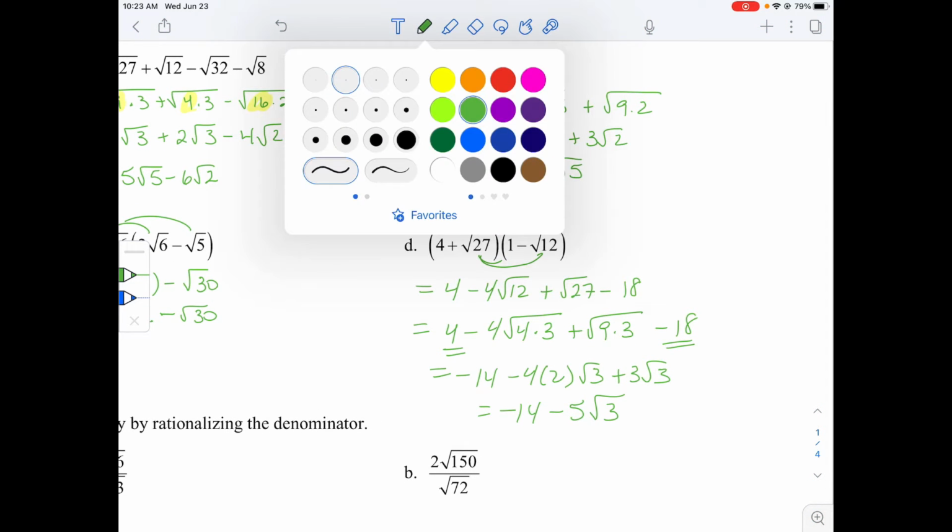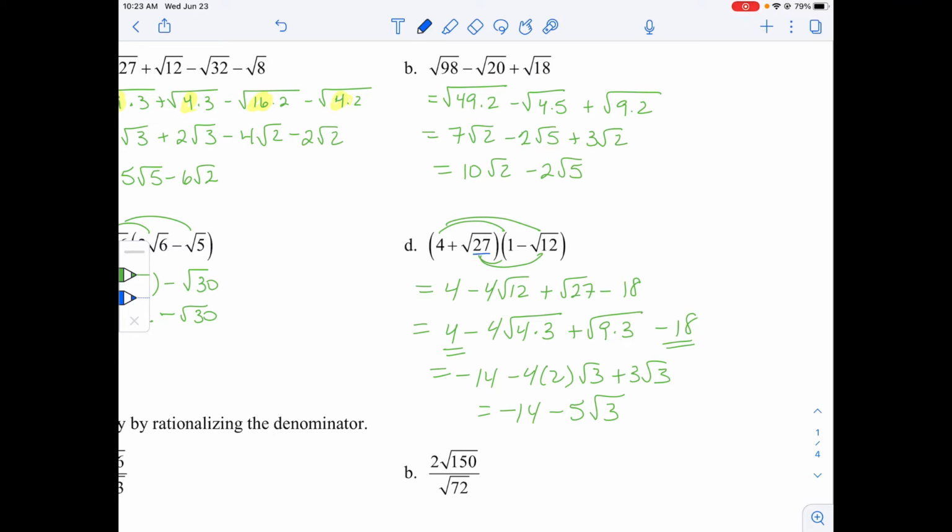Had I simplified the 27 and the 12 to begin with, I could have also done D like this, 4 plus 3 root 3 times 1 minus 2 root 3.